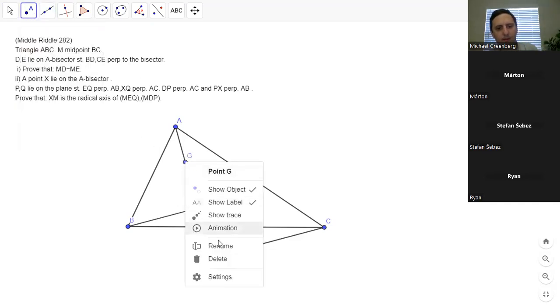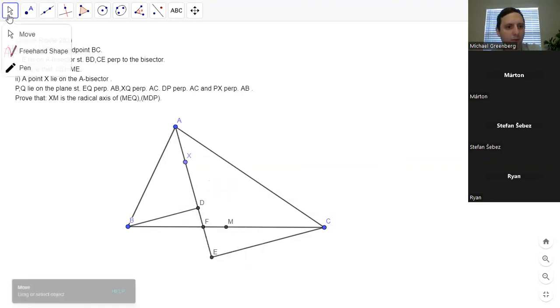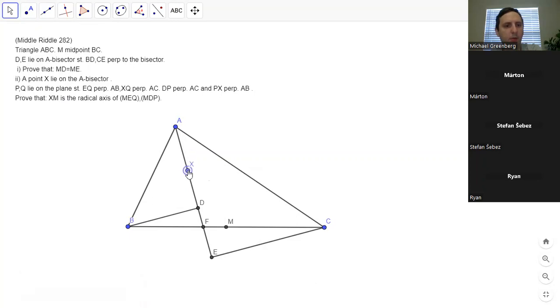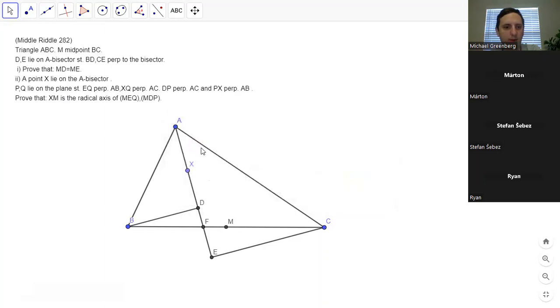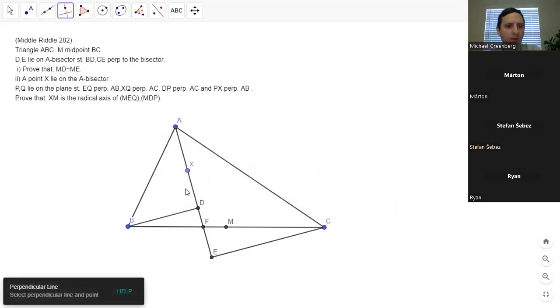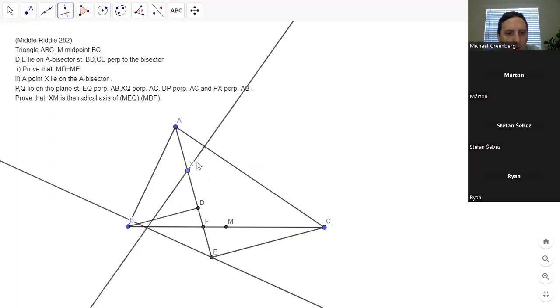Okay, so let's look at part two. We have a point X on the A bisector. And P and Q lie on the plane so that EQ is perpendicular to AB, and XQ is perpendicular to AC. And then DP is perpendicular to AC, and PX.